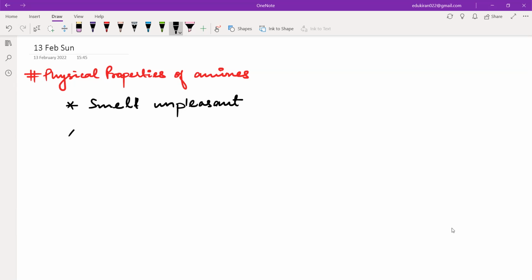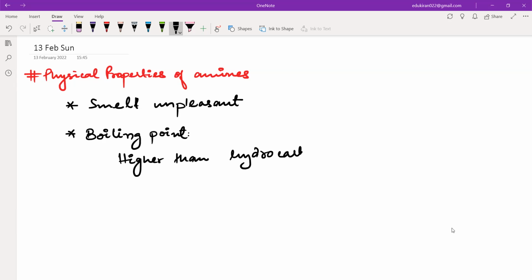If I talk about the boiling point of amines, it will be higher than hydrocarbons of comparable molecular mass.